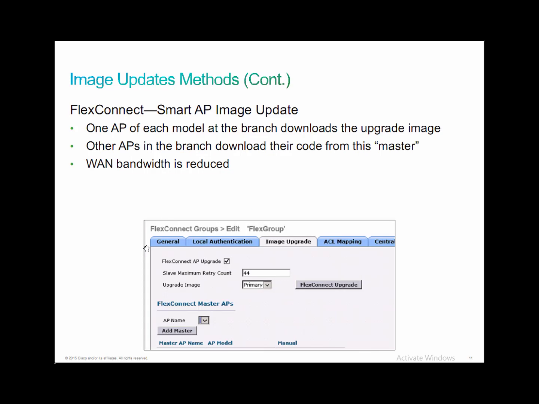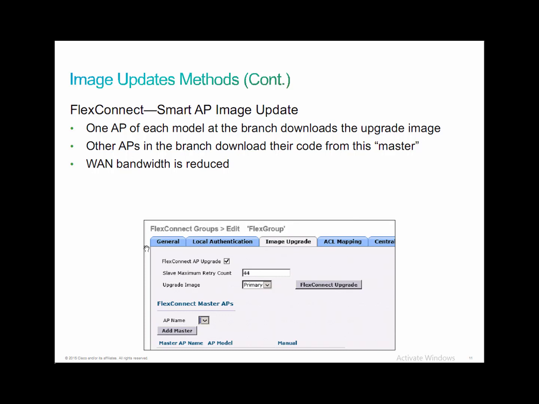When you're upgrading the image of a FlexConnect AP, remember FlexConnect APs operate slightly differently than local mode APs. You can use the pre-image download feature as well. This might be something that you decide to do because you don't want the AP pulling down images over the WAN if the WAN doesn't have a whole lot of bandwidth.